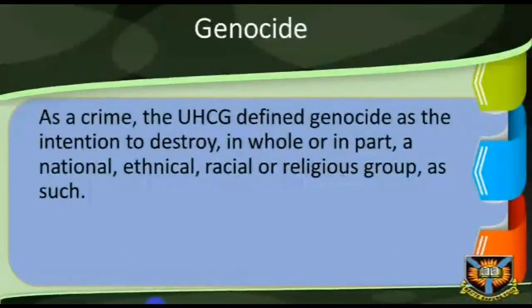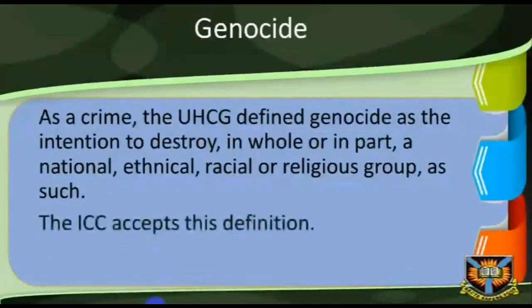As a crime, the UNCG defined genocide as the intention to destroy, in whole or in part, a national, ethnical, racial, or religious group. The ICC accepts this definition, further elaborates it, provides broader jurisdiction, and can subject individuals, regardless of status or rank, to prosecution.